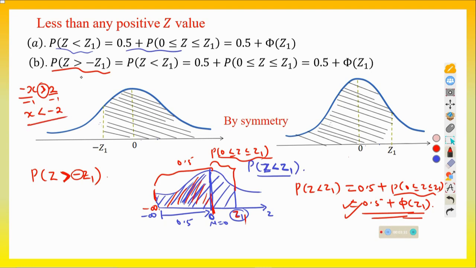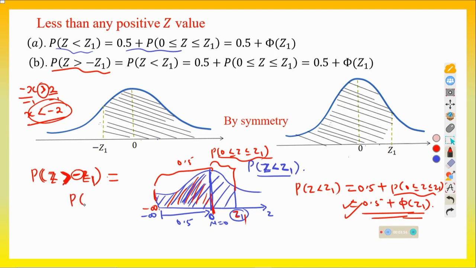So we use the same concept here. So if you have p of z greater than negative z1, to remove this negative value, simply change this inequality sign.